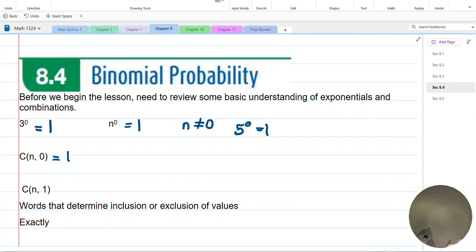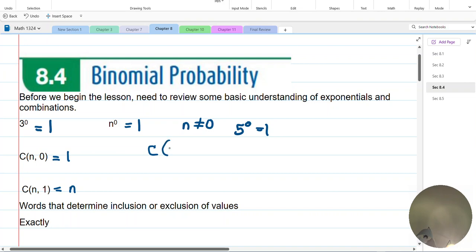So then we know this one: if I want a combination of a set and I choose only one, there are as many ways as there are elements in the set.